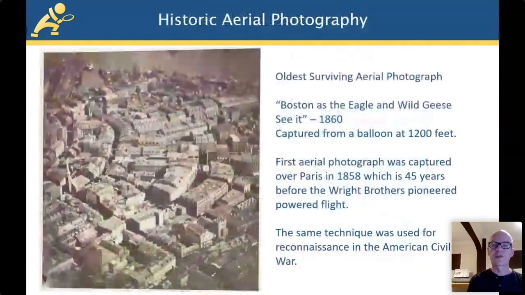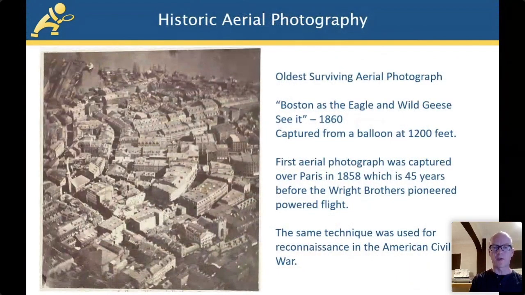I've got a few slides to give you a bit of historical background. The oldest surviving aerial photograph was from 1860, captured from a balloon at 1,200 feet. The first aerial photograph captured over Paris was in 1858, which is 45 years before the Wright brothers pioneered powered flight.